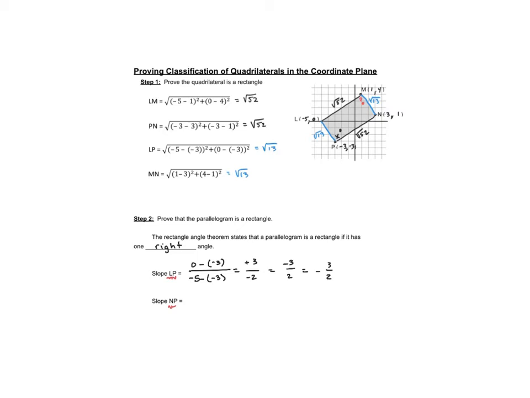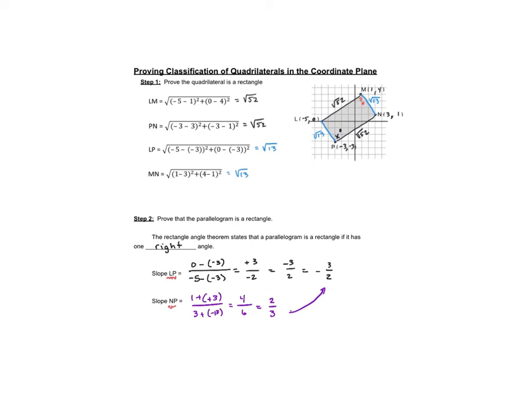And let's see here, NP is going to be 1 minus -3 over 3 minus -3, which is going to become 4 over 6, which is 2/3.